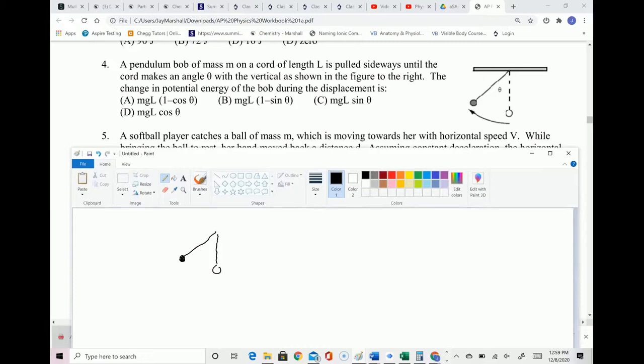Okay, and what's the only thing that matters in terms of deciding that? Displacement? In what direction? Is it displacement along the arc of the path, or is it displacement in the vertical direction? It's vertical.